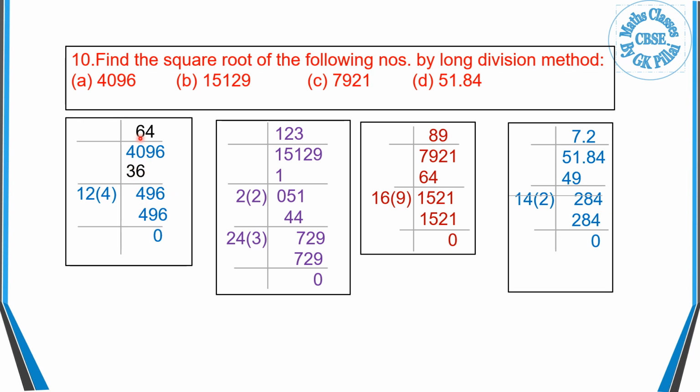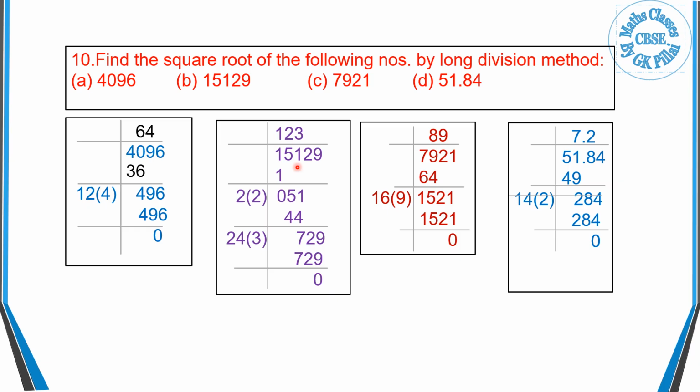Now multiply this 6 by 2 and write here 12. You can place any number here and multiply the whole number by that particular number. 6 into 2, 12. I am placing 4 here. 124, when I am multiplying by 4, I get 496. So it is 0. 64 is the square root of 4096.